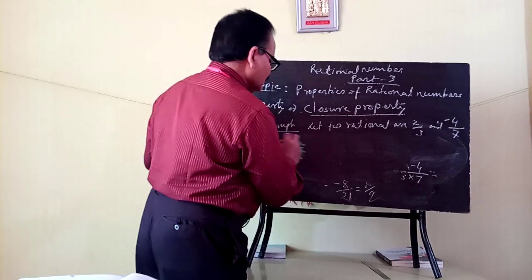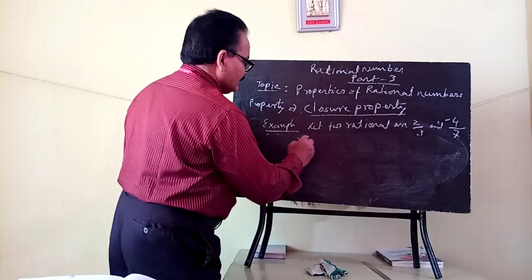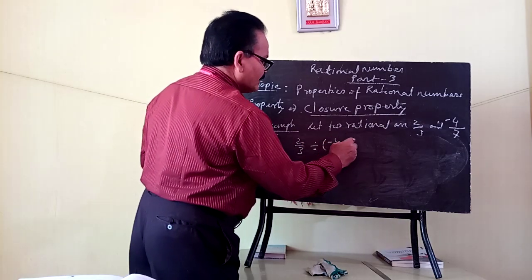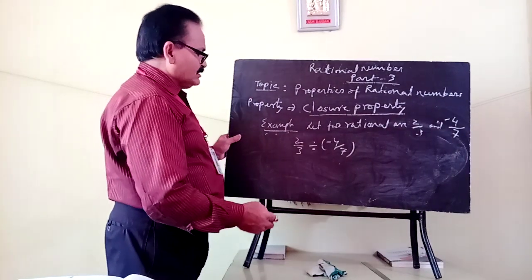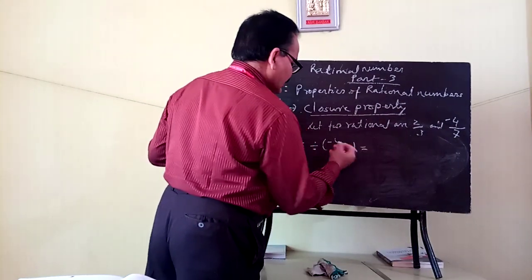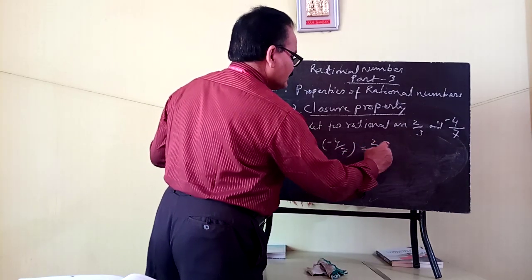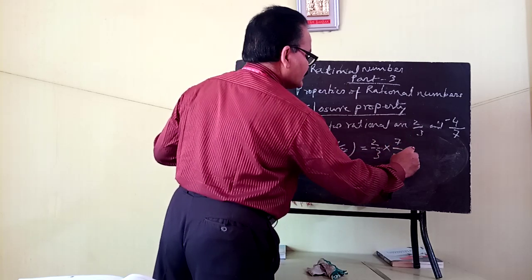Now for quotient, if we divide 2 by 3, put a division sign, minus 4 by 7. As you know already the rules of division, you have to convert the right-hand rational into reciprocal form, that is 2 by 3 into 7 by minus 4.